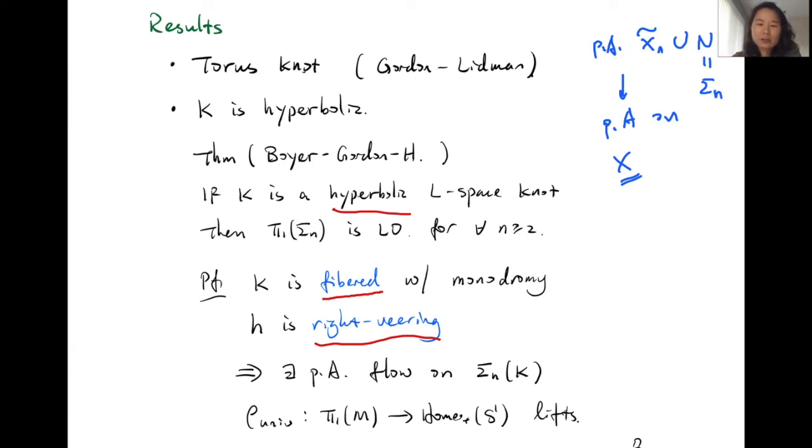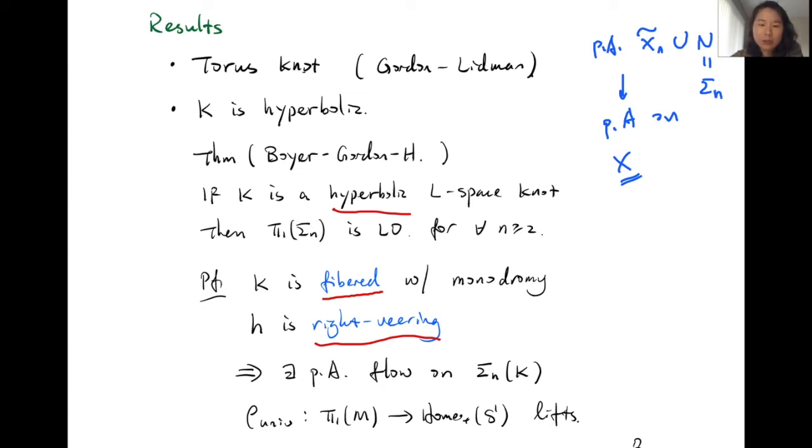It turns out it's very easy to extend a pseudo-Anosov flow to the Dehn filling manifold. If you know something called the degeneracy locus, it basically tells you that if your Dehn filling slope intersects the degeneracy locus at least twice, then you can extend the flow to the Dehn filling manifold. So here you get a pseudo-Anosov flow on the cyclic branched covers.